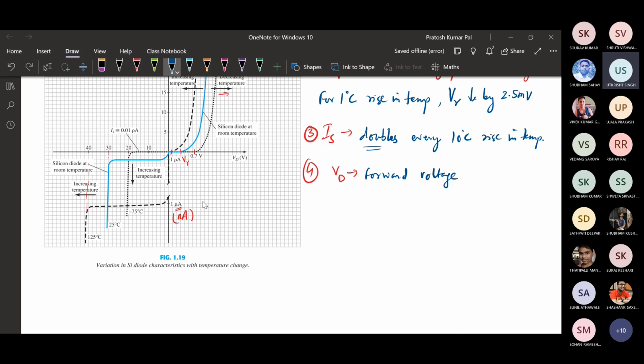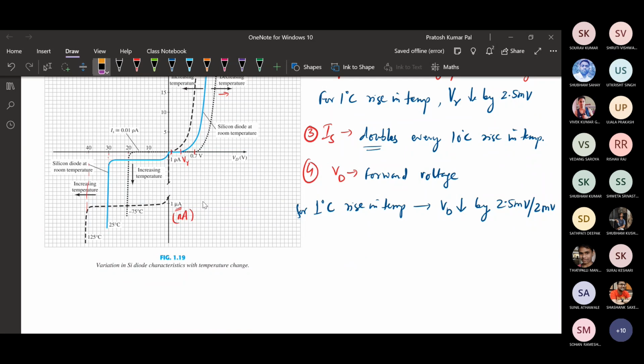Its effect is that for 1 degree rise in temperature, this VD will decrease by 2.5 millivolt, or sometimes it is called 2 millivolt. In some places it is written as 2 millivolt, and in some books it is 2.5 millivolt. We will go with either of these two.